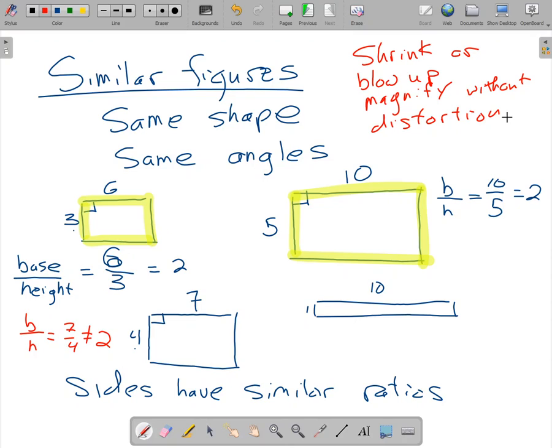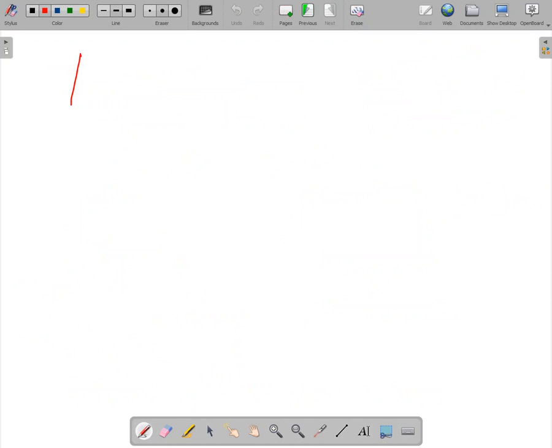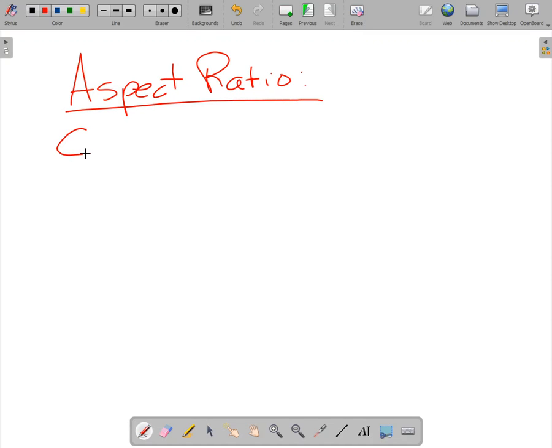Anybody ever do any graphic or web design in prior classes? Anybody ever hear of the term called aspect ratio? Talk about that next. So aspect ratio is a term from graphic design.